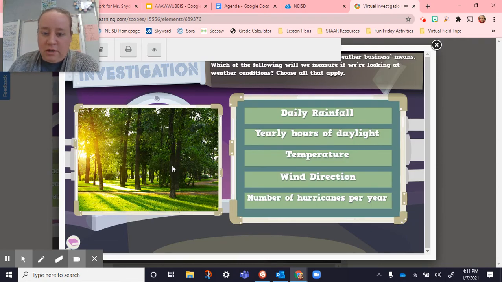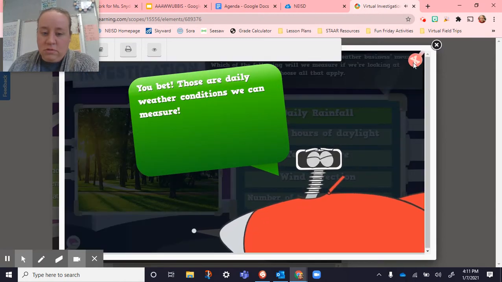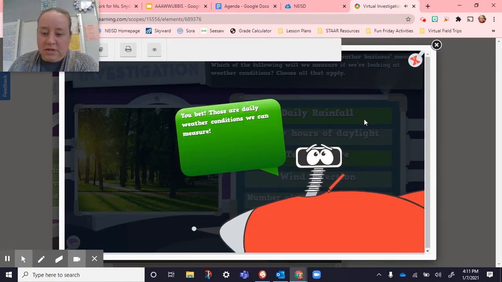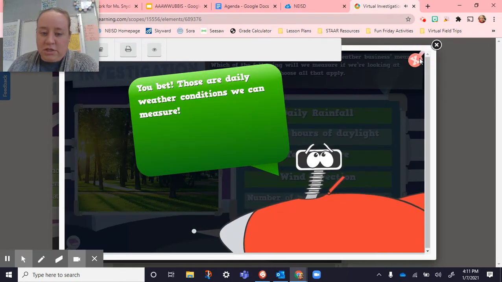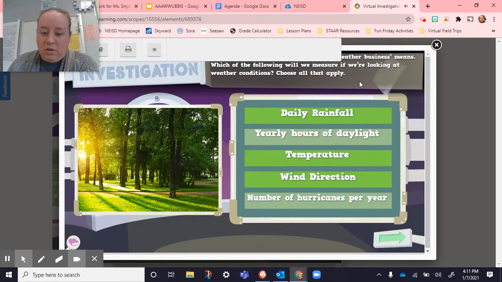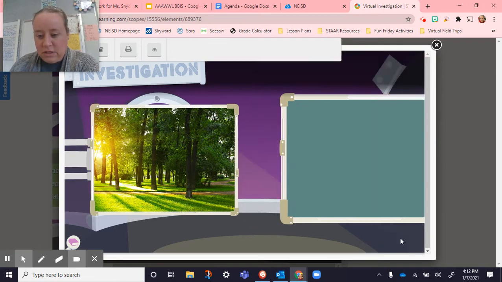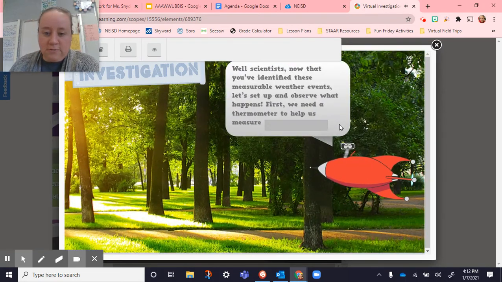If we're measuring the weather conditions, we can measure the rainfall, the current temperature, and the wind direction. Yearly hours of daylight and number of hurricanes per year are things over time. So those are talking about climate. If we're just talking about weather conditions, those are what we can do.